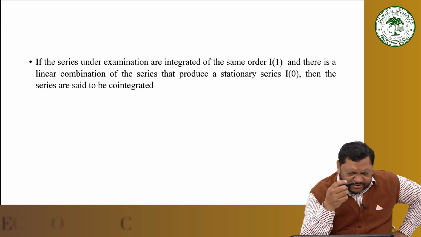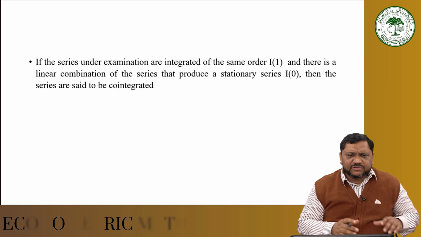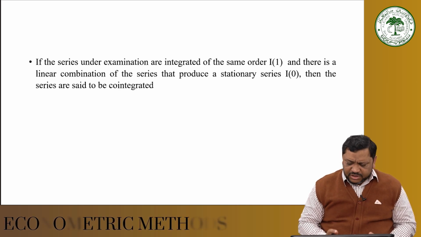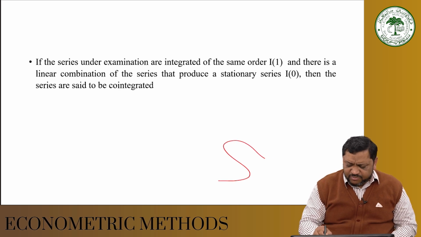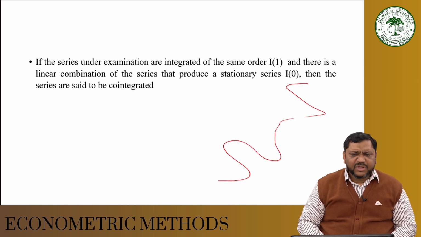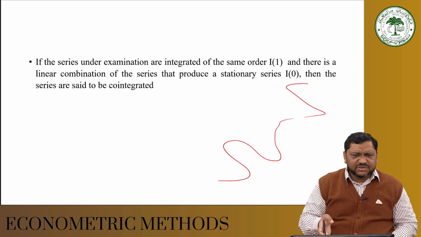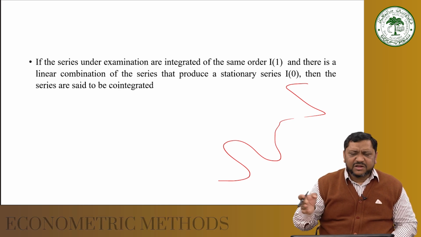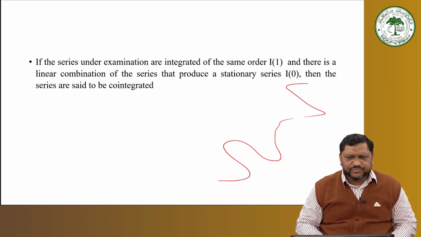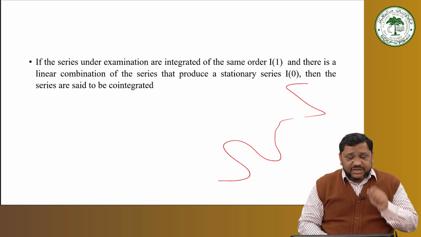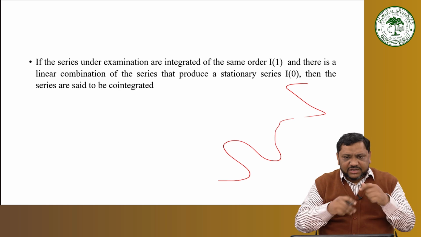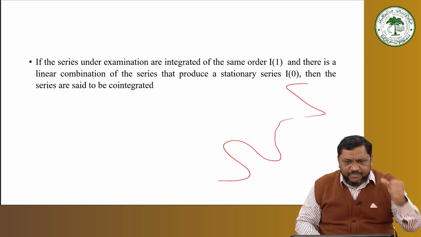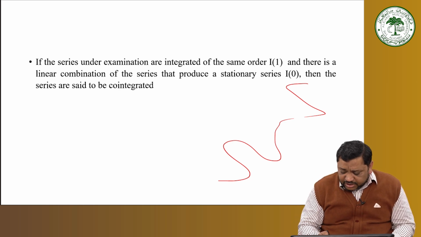If you can recall an earlier example, a drunk man is walking in a very big lush green park, so he is moving like this. From the looks, it seems that this series is not stationary, it's random, it's stochastic. But if that drunk person has a pet dog with him and a leash is tied to the dog's neck and the drunk man is holding it, the dog will also move along with him.